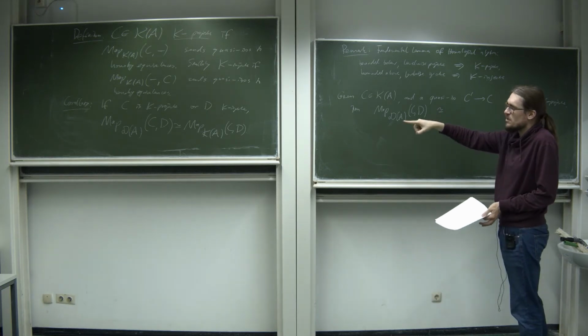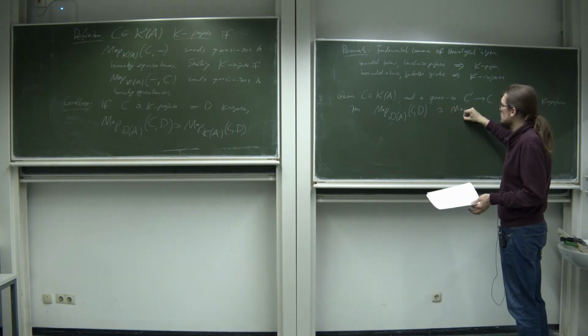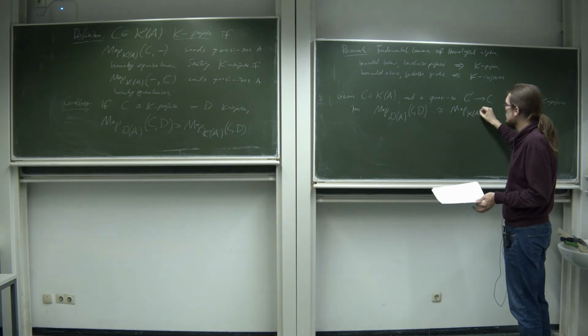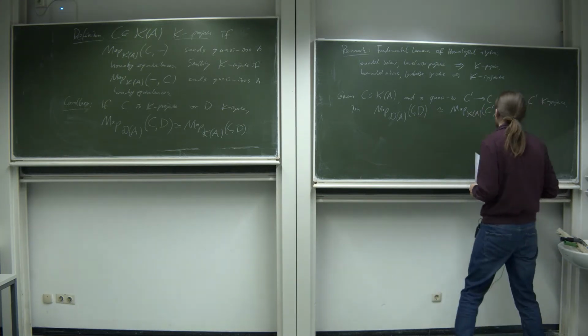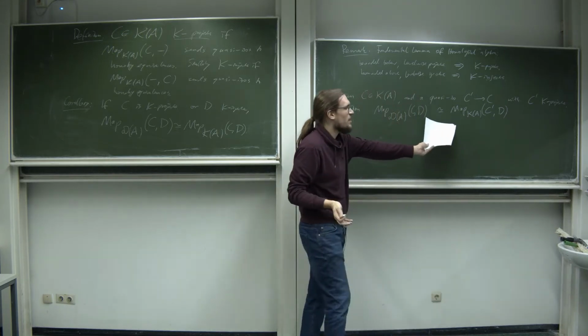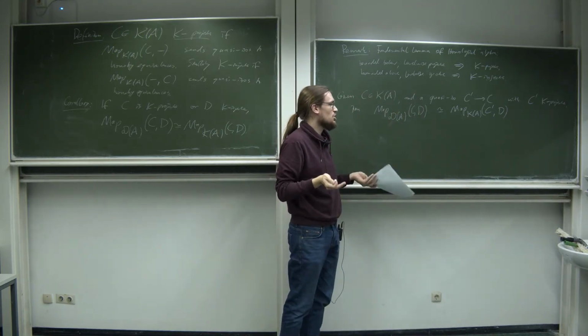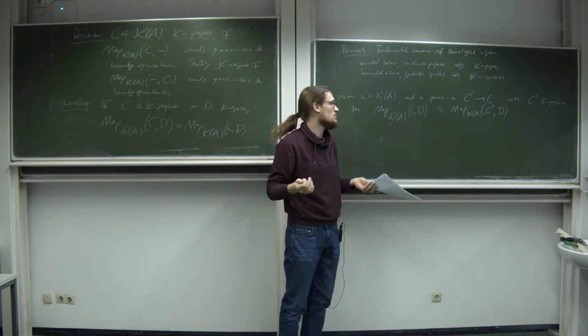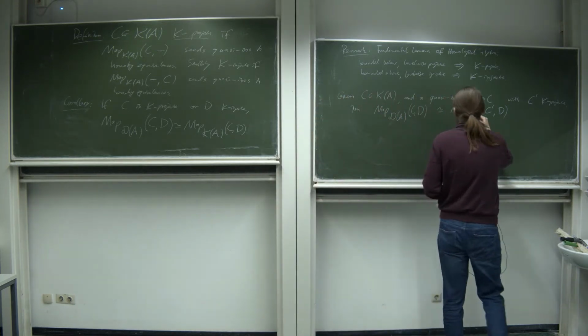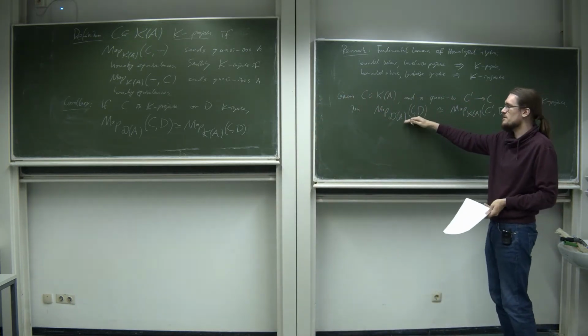And then applying our previous observation, this can be computed as just maps from C' to D. And now this is a space whose pi 0 is just chain homotopy classes and so on. So this is explicitly telling us about the mapping space here.